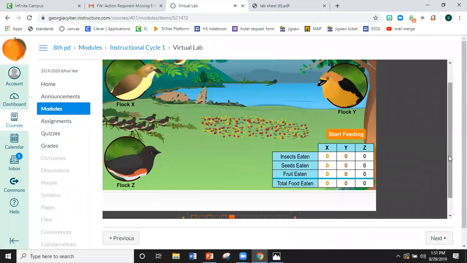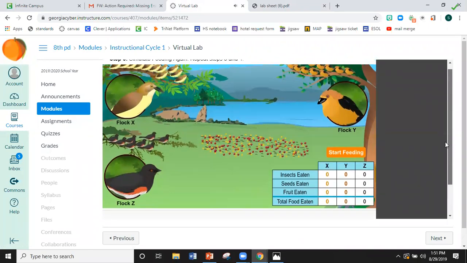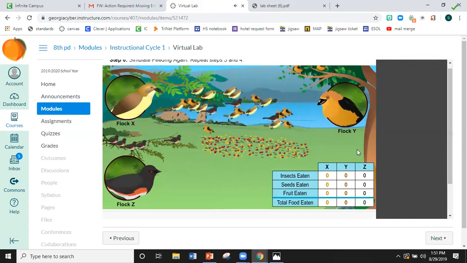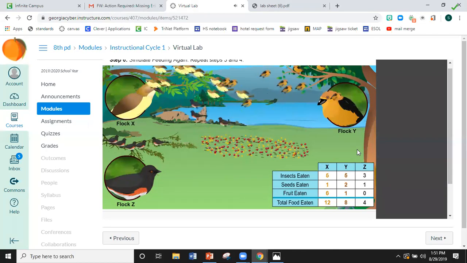Will flock X continue to have an advantage? Click the button to start. Once again, as the birds feed, watch the table update with food counts.